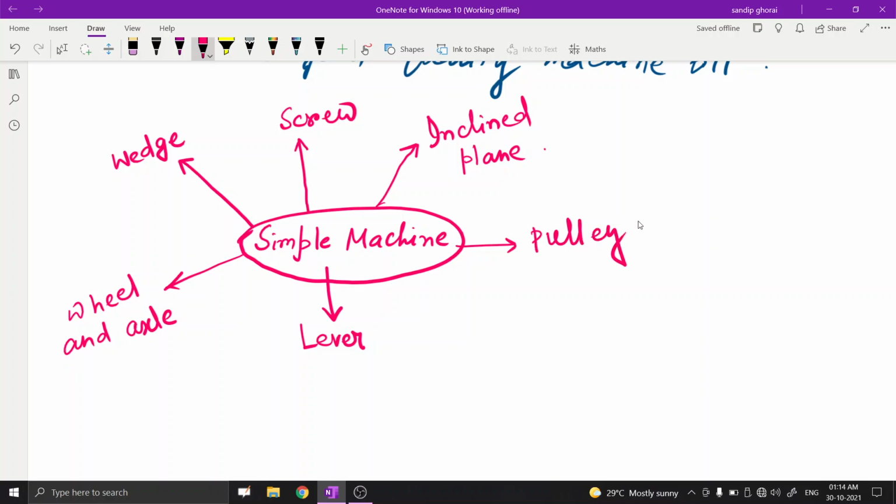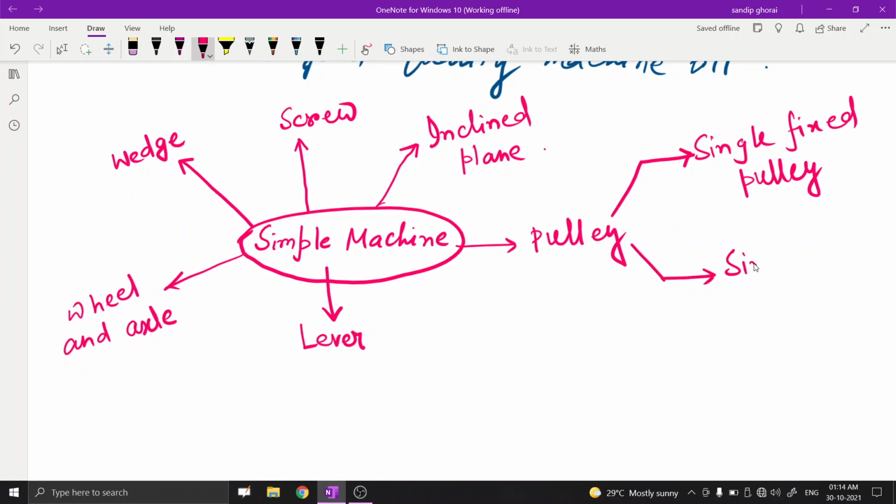In your syllabus or textbook, pulley is classified into two different segments: first, single fixed pulley, and second, single movable pulley. And you have to know the basic difference between single fixed and single movable pulley.